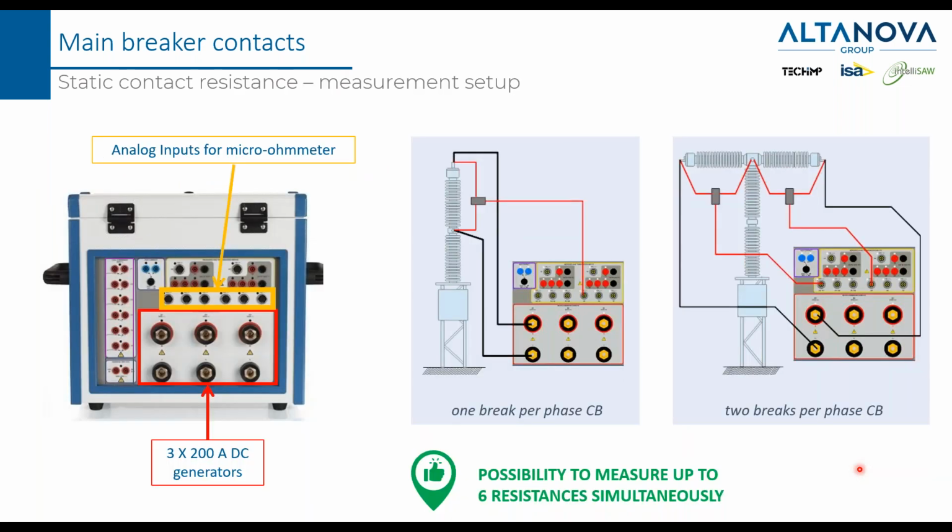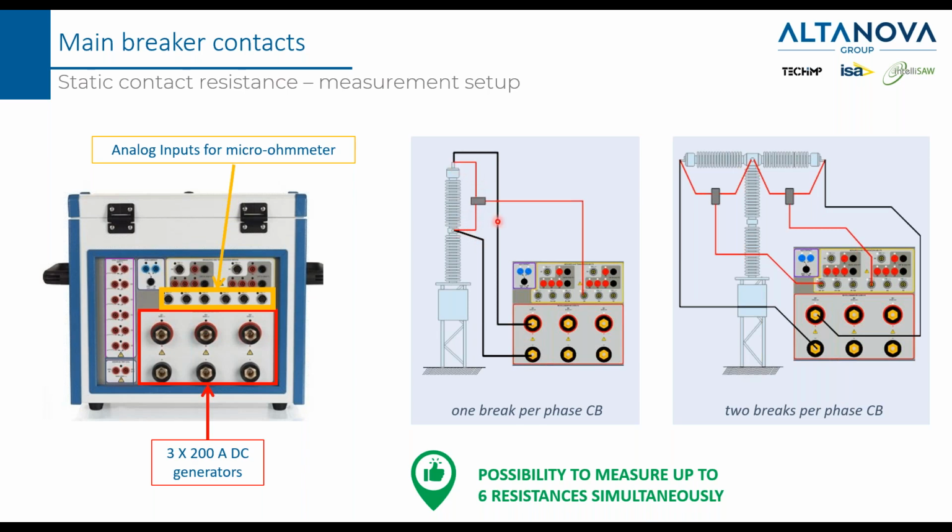So the current source and the voltage input are present in the CBA 3000. This is the current source, and these are the voltage inputs. You see we are applying a connection scheme that implements the 4-wire method. This is the current generator, and this is the voltage input here.